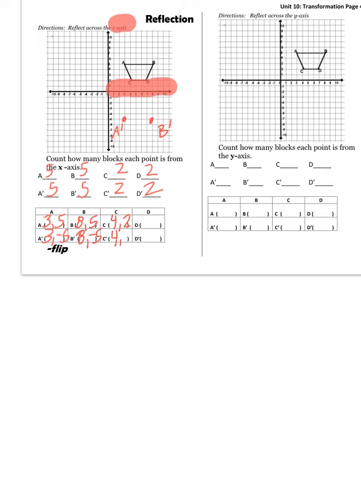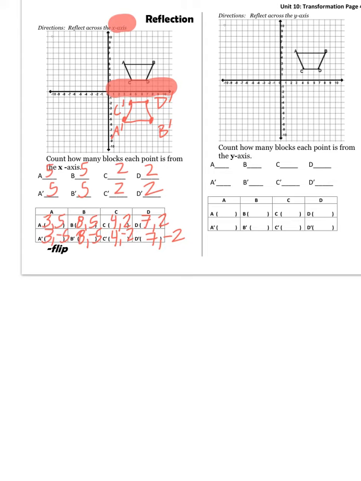So C prime would be 4, -2. And D is 7, 2. So D prime would be 7, -2. But again, you can just count your squares if you need to. C and D are 2 units away from the x-axis, so C prime and D prime would also be.